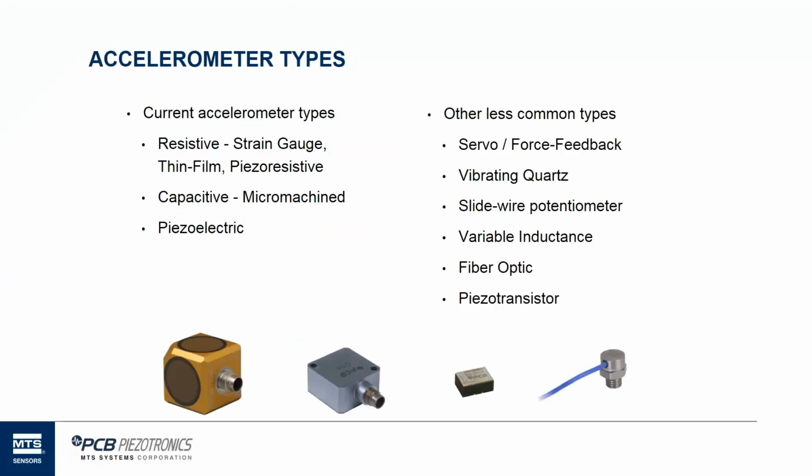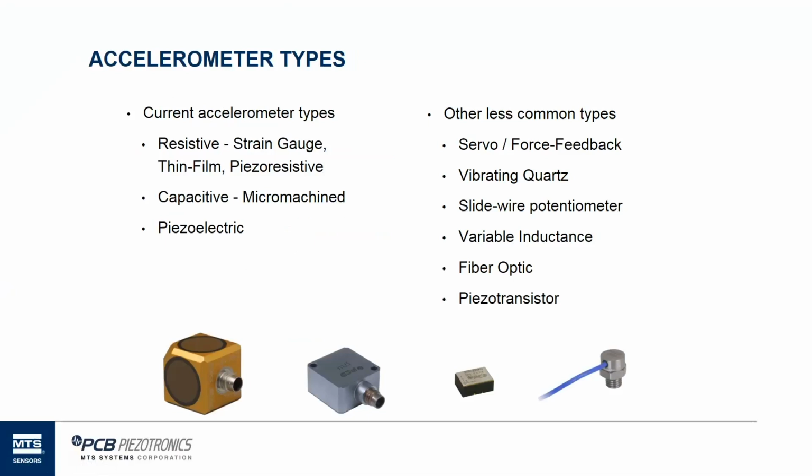More commonly are the ones on the left, and we'll talk about these: the resistive, also known as strain gauge, thin film, or piezoresistive; capacitive, also known as micro-machined or silicon wafer type; and finally, piezoelectric. Those are the three that we'll go over in detail. The other ones on the right are things that you may see in the literature and from years past, and it's probably rare that you're going to see those come through a calibration lab.